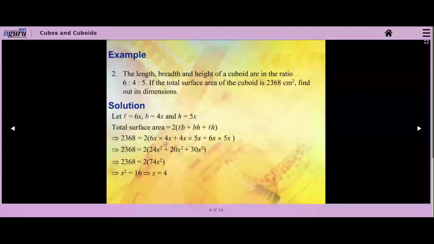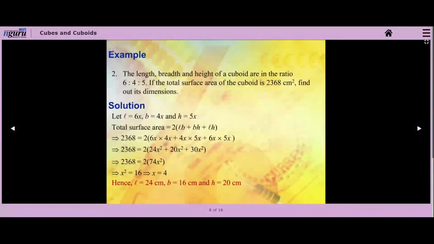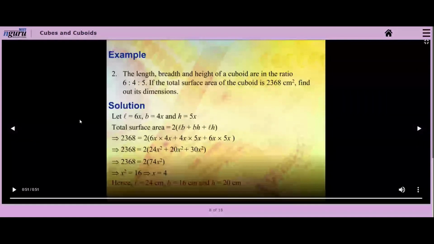Substituting the values of L, B, and H in the formula and simplifying, we get the value of x as 4. Hence, the length is equal to 24 centimeters, the breadth is equal to 16 centimeters, and the height is equal to 20 centimeters.